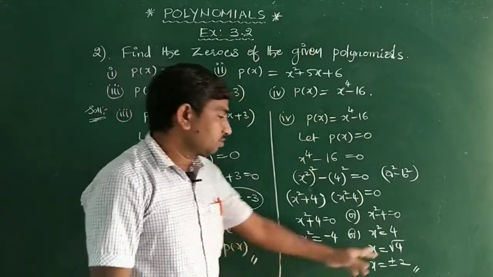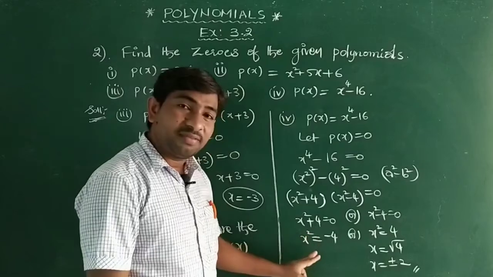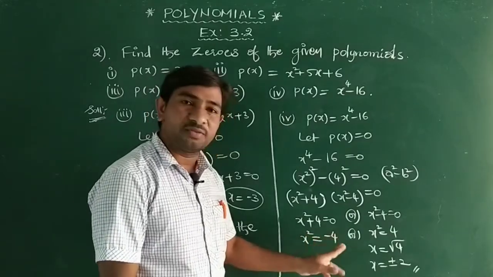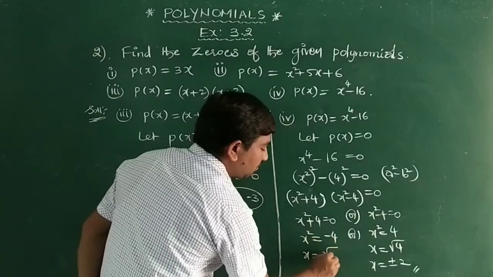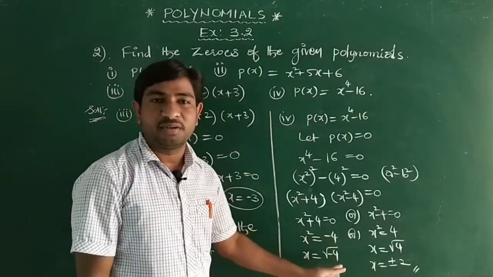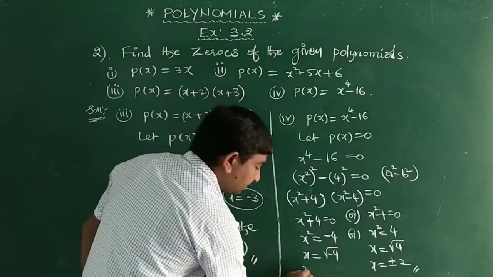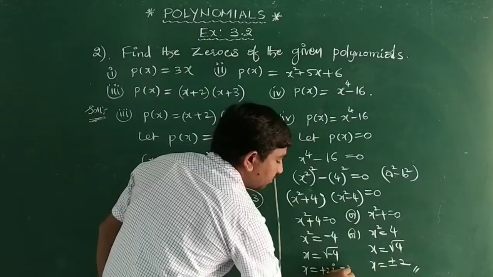Why? Because the square root of 4 is plus 2 or minus 2. And here, x square is equal to minus 4, so sending the square outside, it becomes root minus 4. This is a complex or imaginary number. For this we can write x is equal to plus 2i, comma, minus 2i.